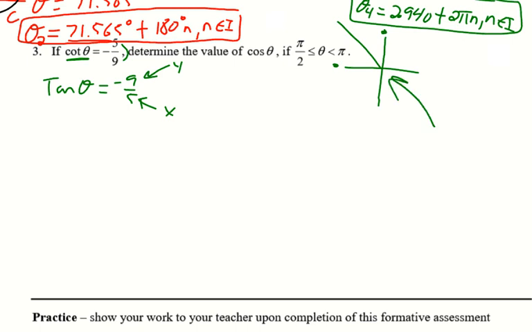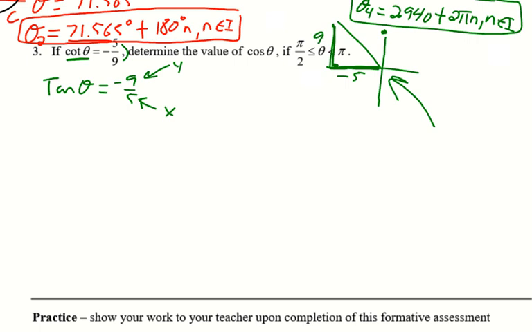I want to know which one's negative and which one's positive here, because it could be negative 9 or it could be negative 5. But if I'm looking at this, I'm making a triangle here. It's got to be negative 5. The x value's got to be the negative because the y value is going up. So this would be 9. So negative 5, 9.